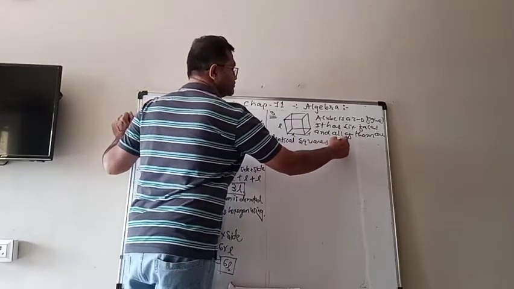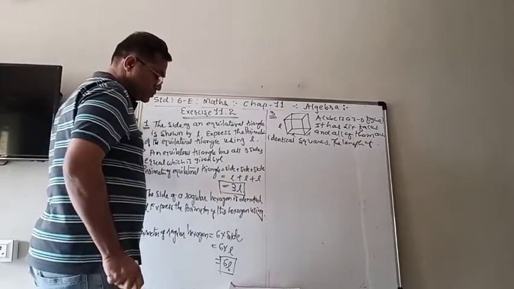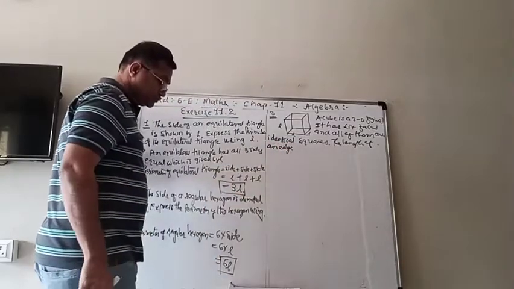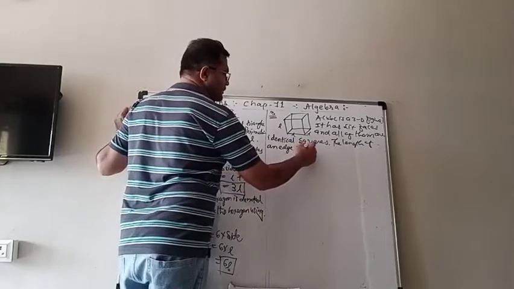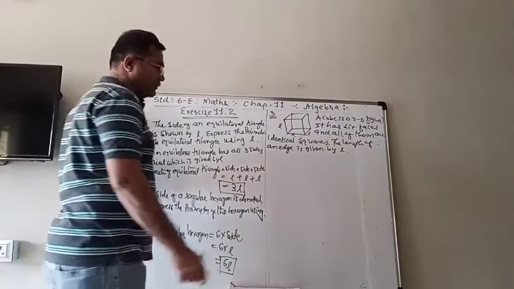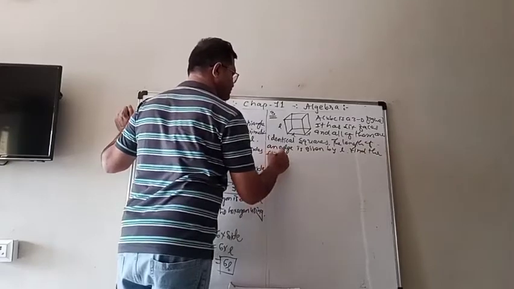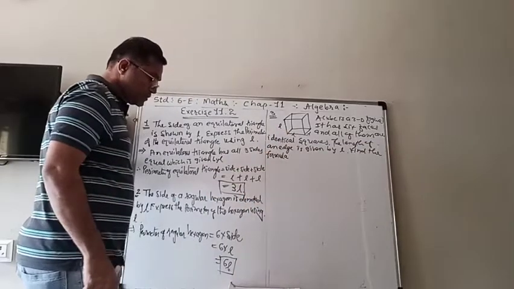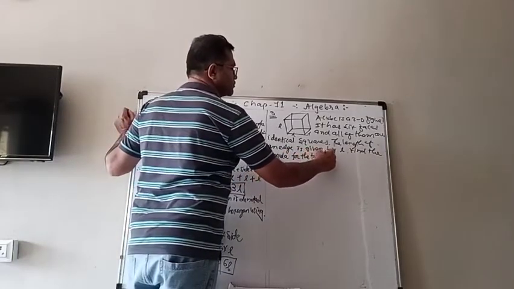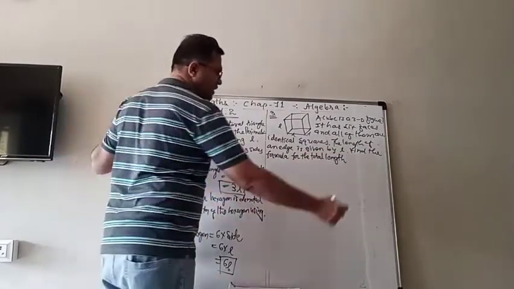The length of an edge is given by L. Find the formula for the total length of the edges of a cube.